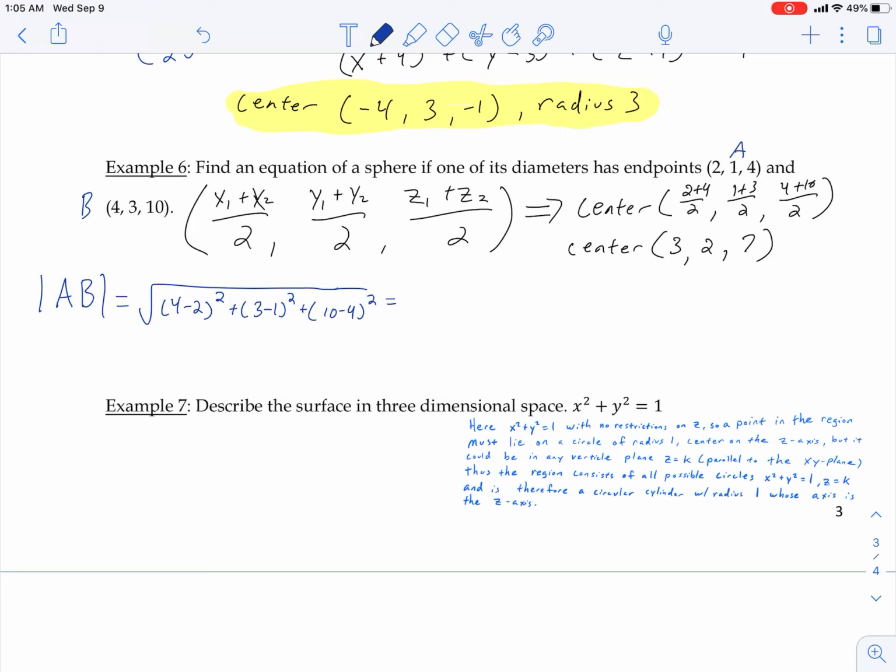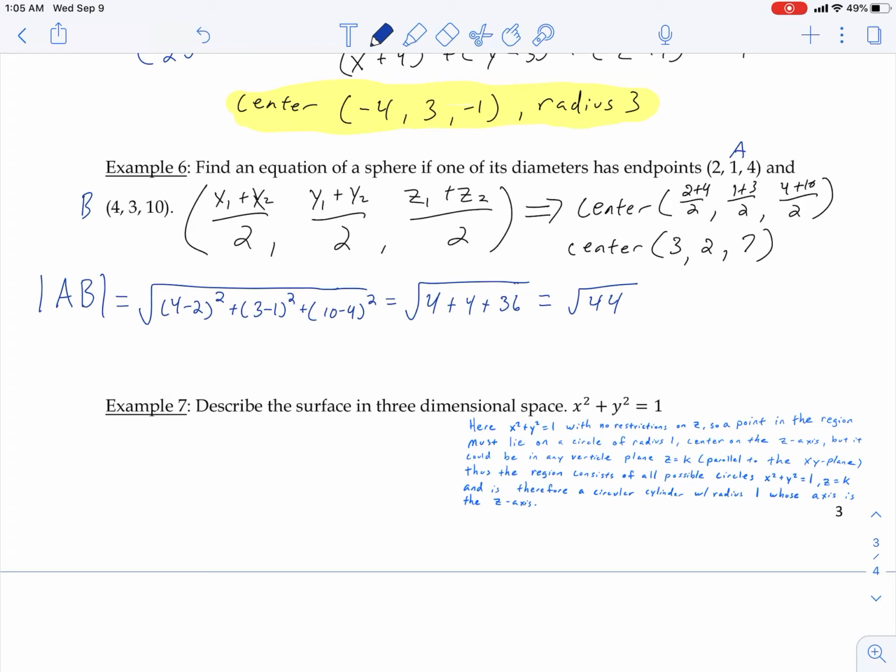And we get 4 minus 2 is 2, so 2 squared is 4. So square root of 4 plus 3 minus 1 is 2, square of that is 4. 10 minus 4 is 6, square of that is going to be 36. And so we're going to have 4 plus 4 plus 36, which is going to give us 44. So we have the square root of 44.